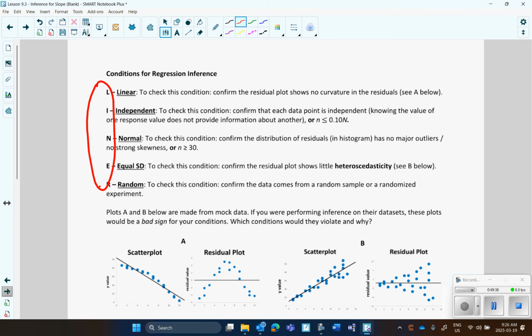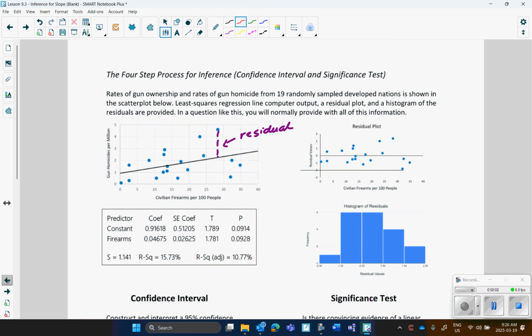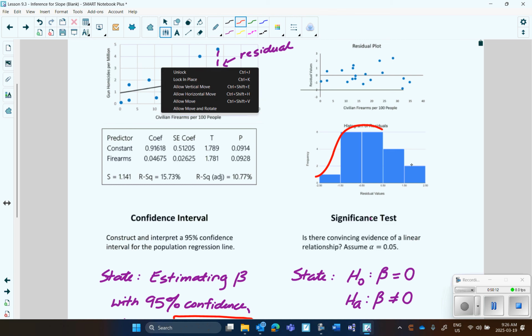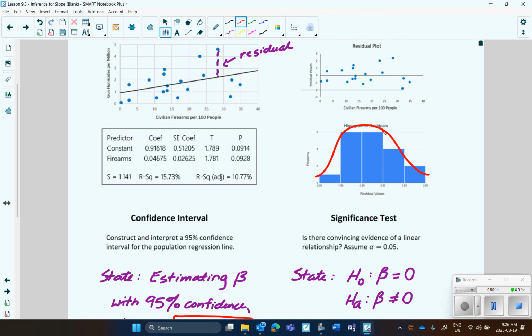Normal: remember, we're dealing with means, so it's large sample, not large counts. Your sample size has to be greater than or equal to 30, which this one is not. Or your sampling distribution has to be approximately normal with no outliers. Well, this has got a bit of a skew, but we can get away with saying it's approximately normal.